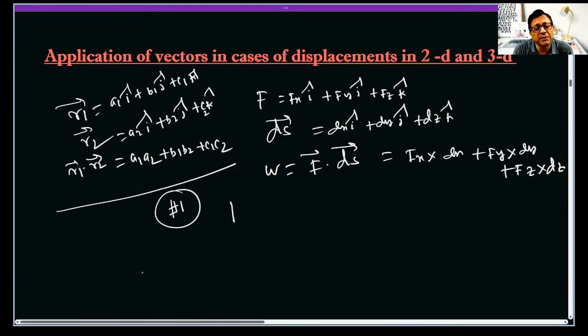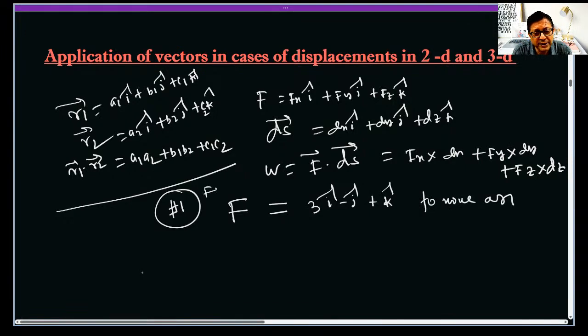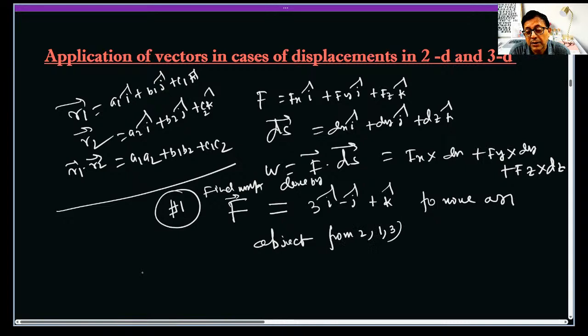Question arises in this manner. Problem on this: find the work done by the force F equal to 3i minus j plus k to move an object from A to B, with A (1, 3, 5/3) and B (3, 6...).